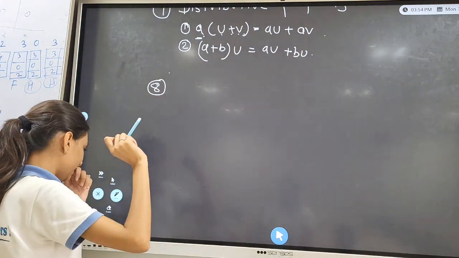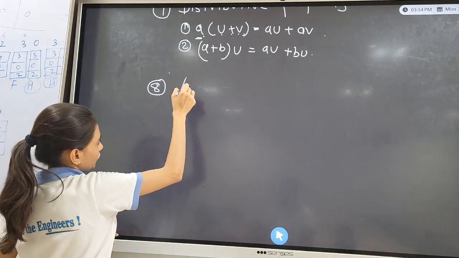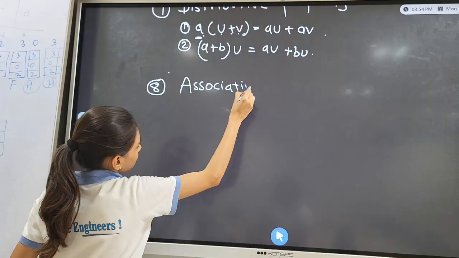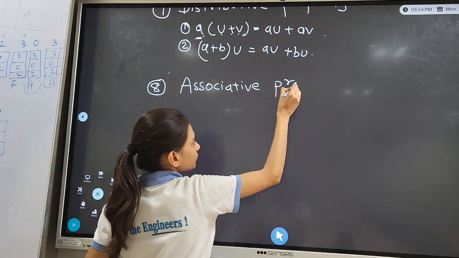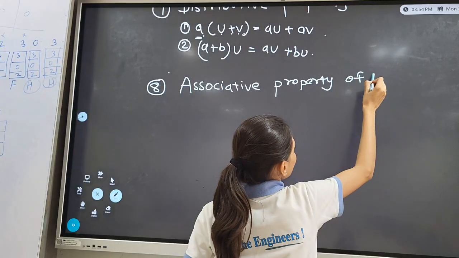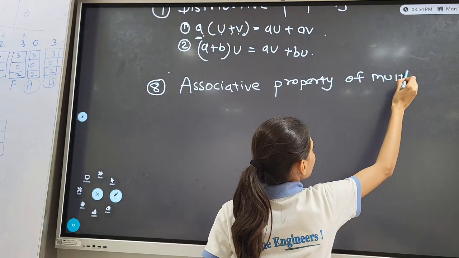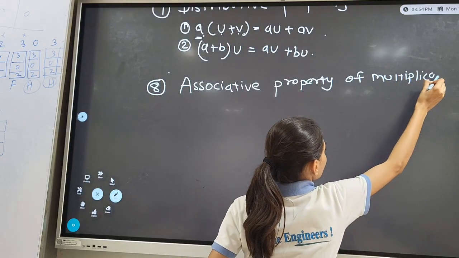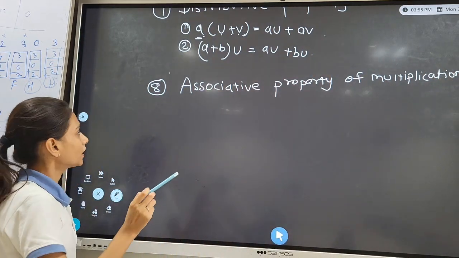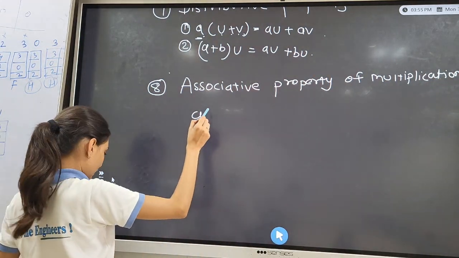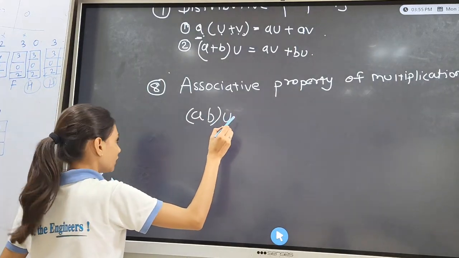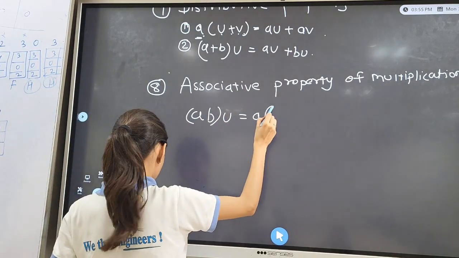The last property is the associative property of multiplication. AB into U is equal to A into BU.